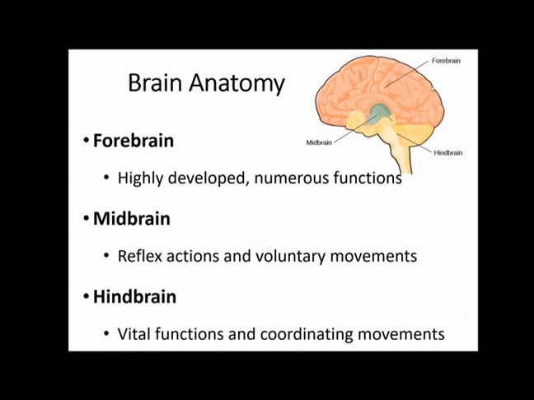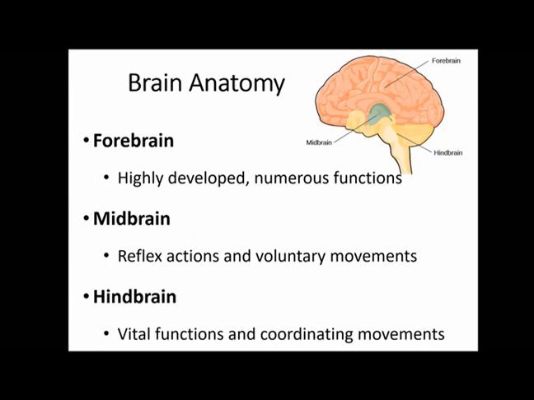But our forebrain, this giant pink area that's pretty much the whole top of our head, is a highly developed part of our brain. This is where most of our cortices are. This is where a lot of our interconnected pieces of our brain are. And this area has numerous functions.